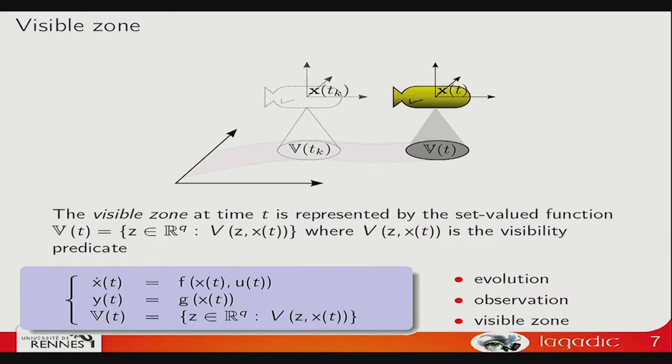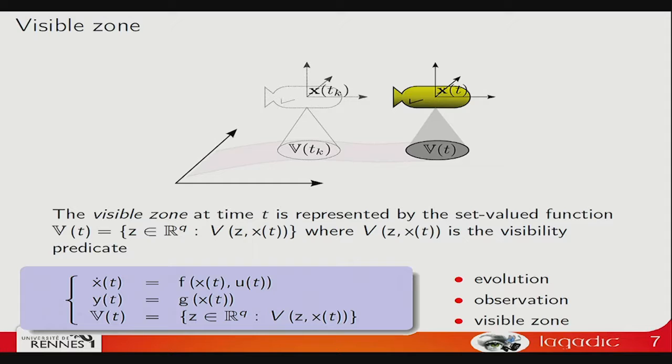Now, if we add to the robot a sensor for mapping, for example a sonar or camera, at a given time t the sensor is seeing a given zone of the sensitive space, which is the space we want to map or to cover.